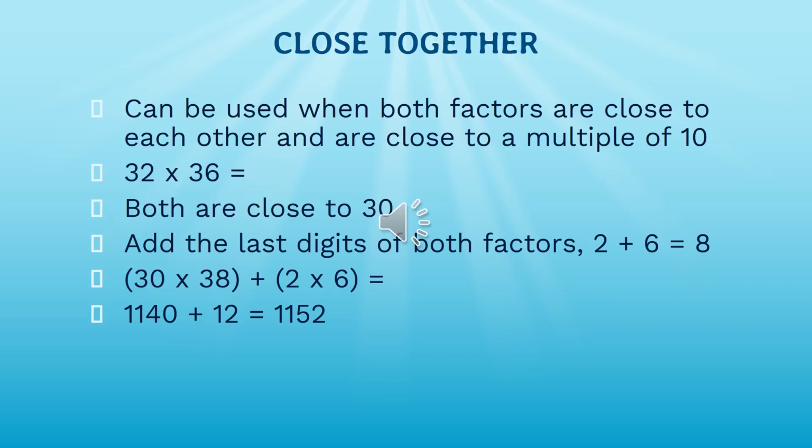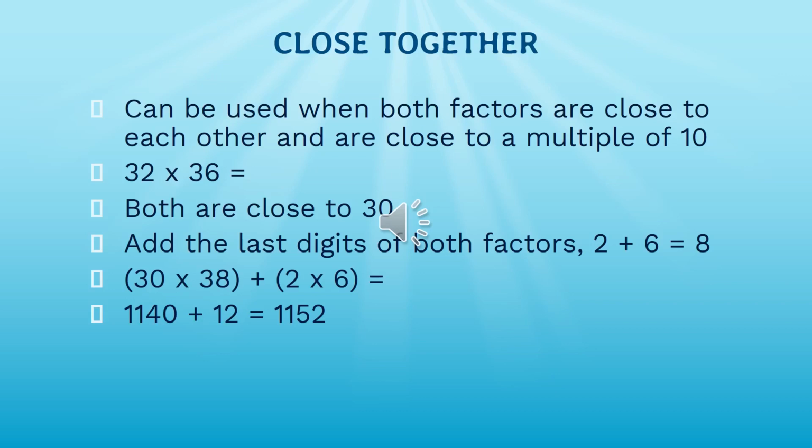Now I decide that they are close to 30. Next step would be to add the last digits. Now, there are other ways, but this is the easiest way. Now, the last digits are 2 and 6. Take note, the factors both begin with 3.